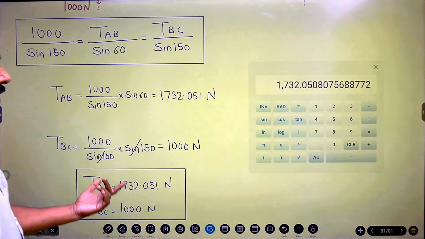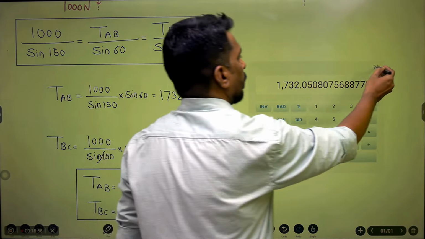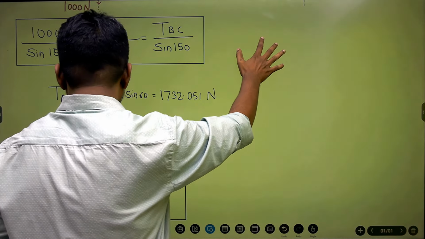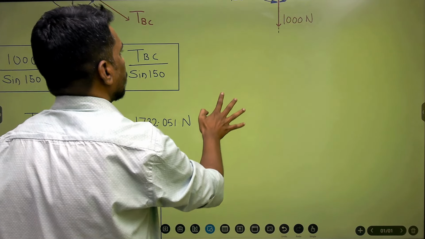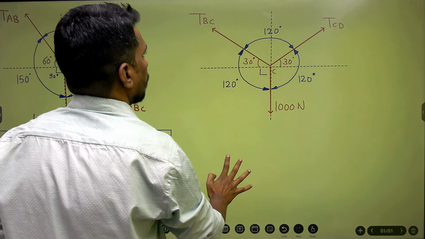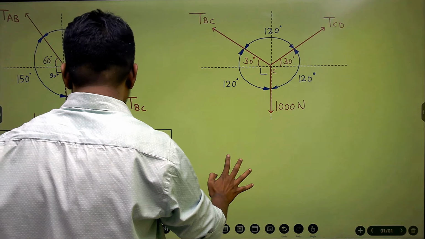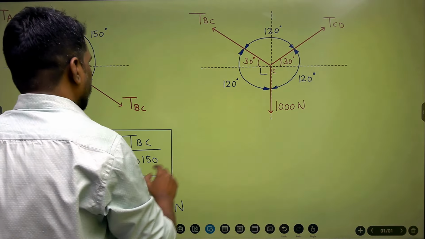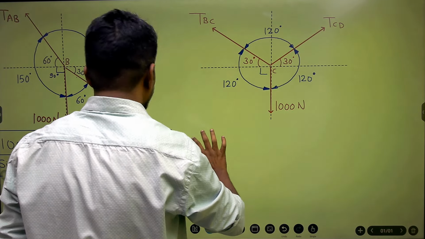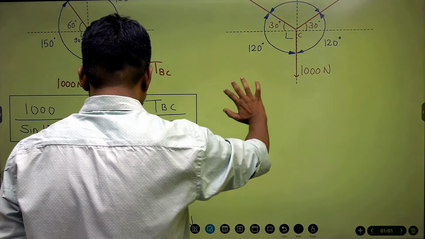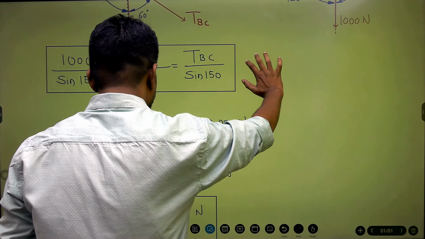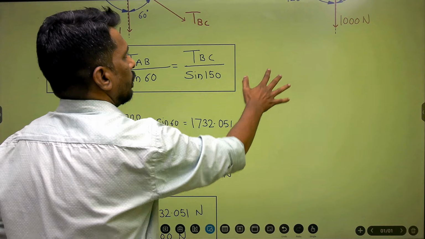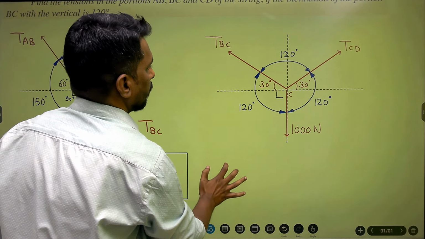Now I'll use these values to solve the remaining unknown considering point C. So now at point C, I know the value of TBC. The value of TBC we are getting here is 1000 Newton.